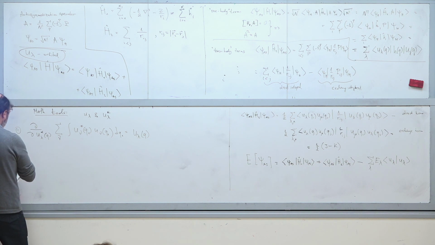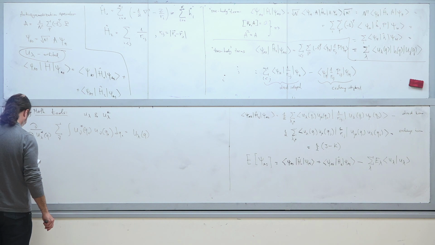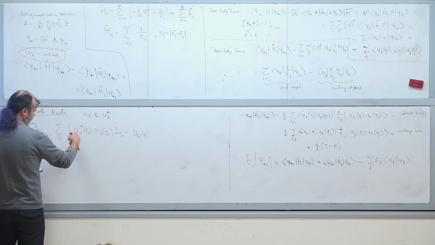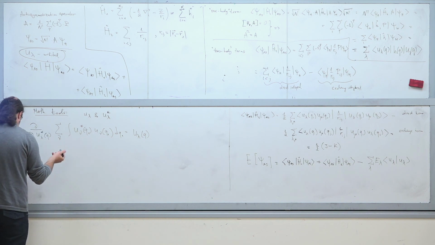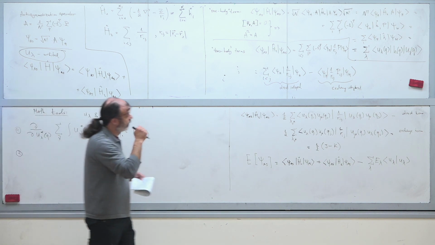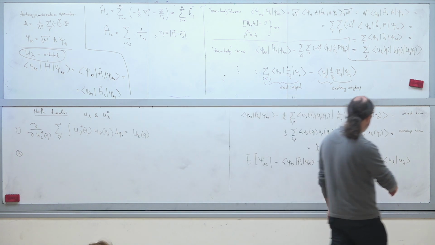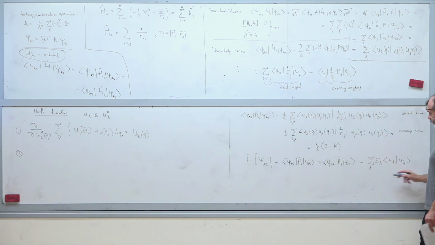Tool number 2 is for the part of the energy functional where we have the Hamiltonian inside; this is just the multiplication between these two orbitals.